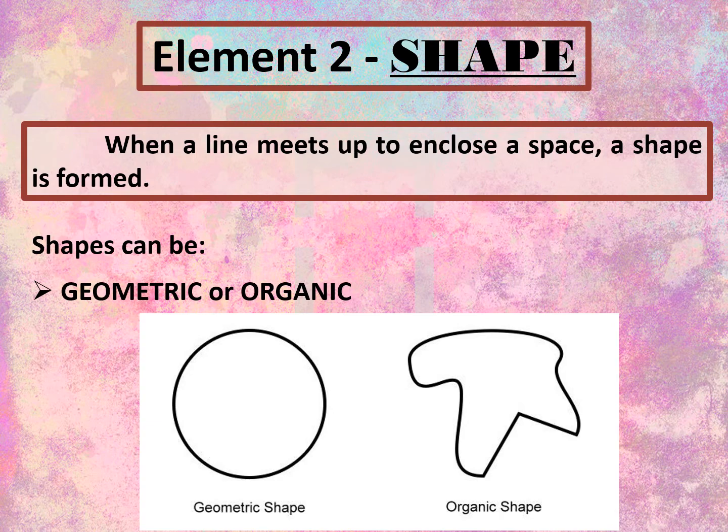It can also be in the form of a triangle, square, oblong, star, and many more. While the organic shape is what we see as an abstract. It can be in the form of flowers, leaves, any kind of nature.